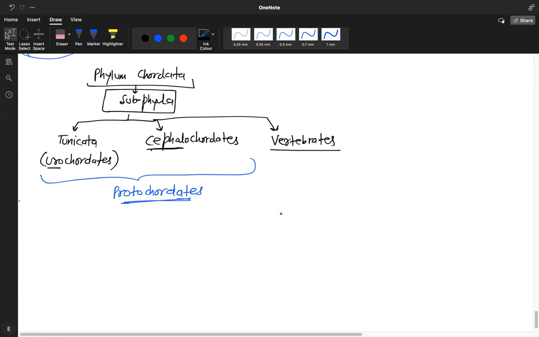For example, in species, you will find nowadays many organisms, instead of using binomial nomenclature, we use trinomial nomenclature for them. For humans, it is Homo sapiens, right?